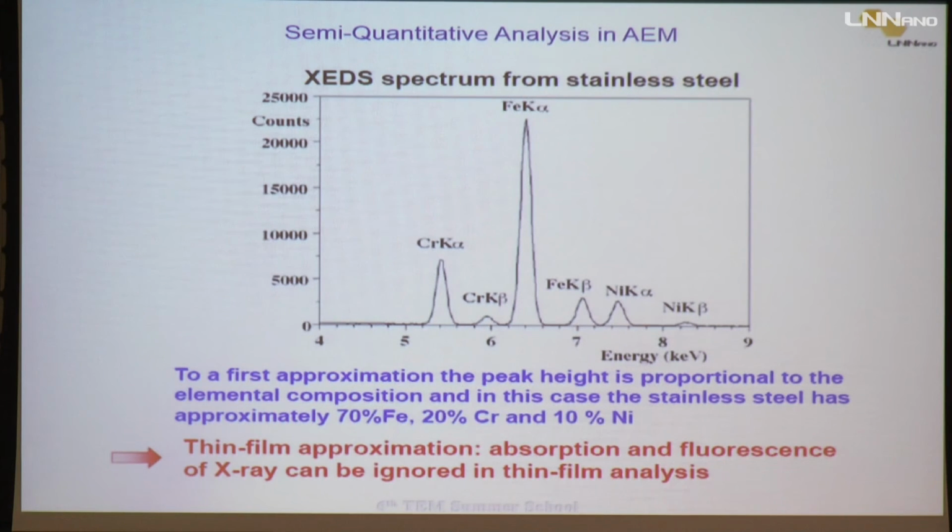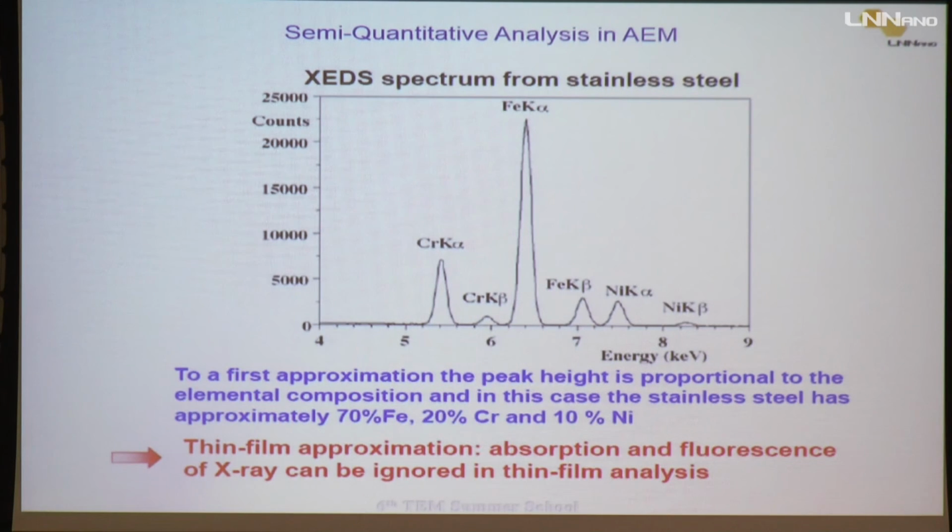Well, semi-quantitative analysis in AEM is very easy, okay? To a first approximation, the height of the peaks may be taken as proportional to the elemental composition of your sample. It's a very crude approximation, but it runs pretty well.